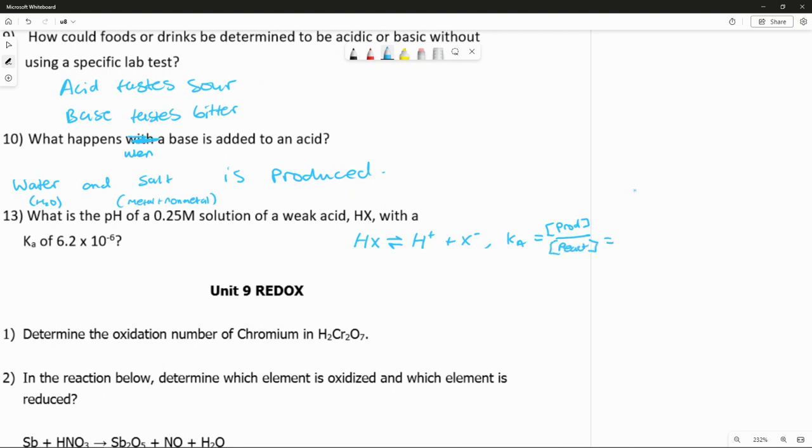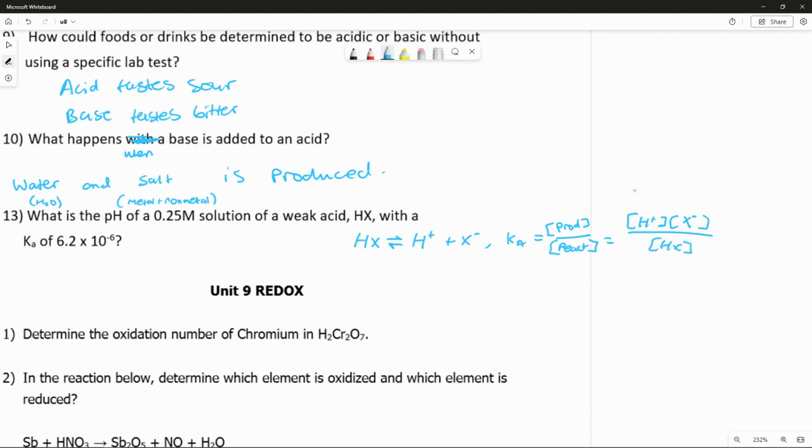The products are H plus and X minus, and the reactant is HX as a whole.